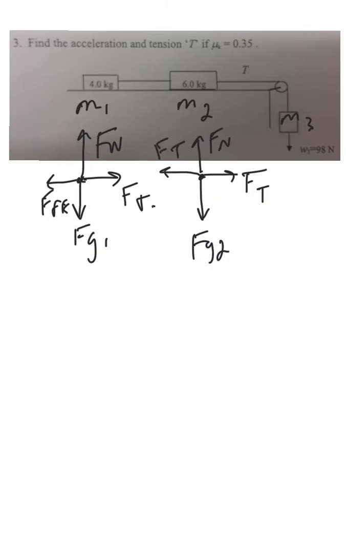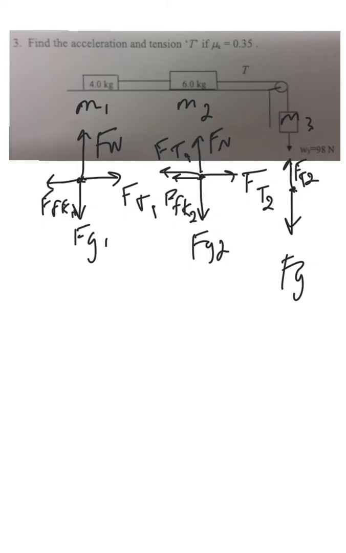So we'll call this one tension 1, and tension 2. And we also have force of friction kinetic here. We can call this one force of kinetic 1. You can call this one force of kinetic 2, whatever you want to call it. And then the hanging mass, we have just force of gravity and force of tension 2. I know that's a pretty bad sketch, but I think you get the idea.